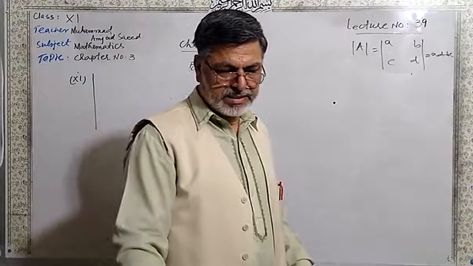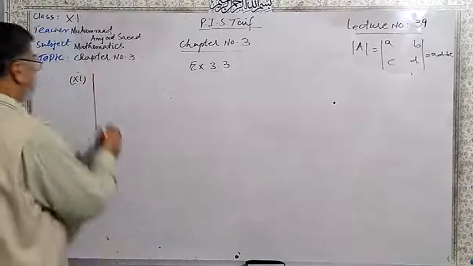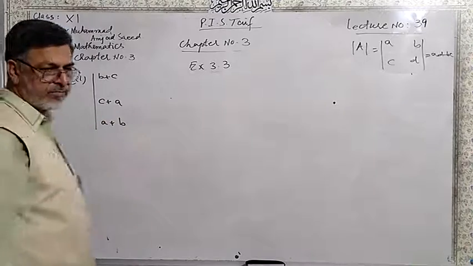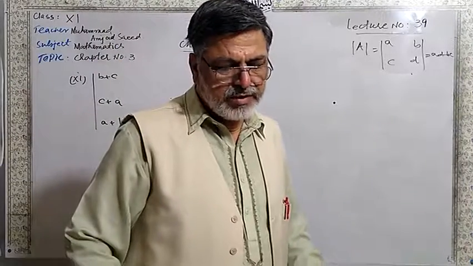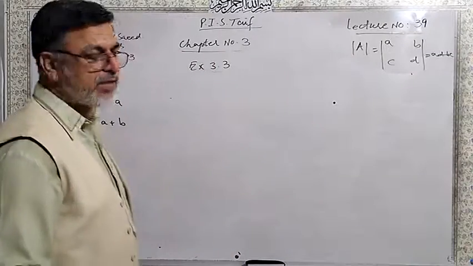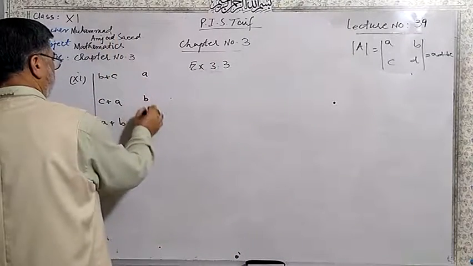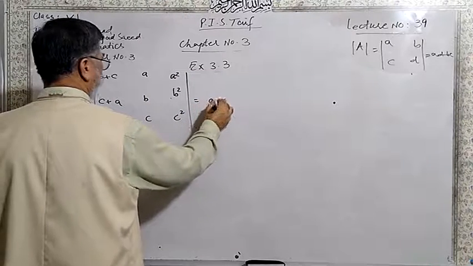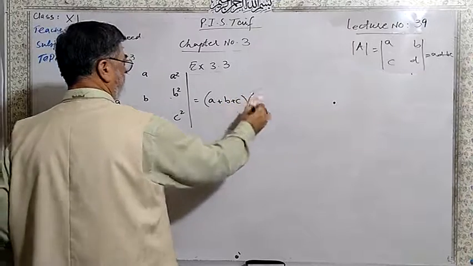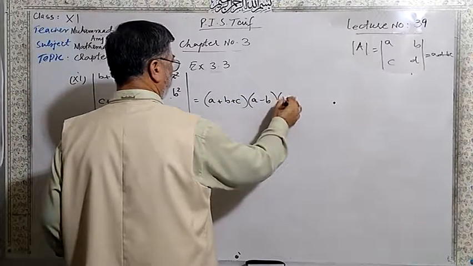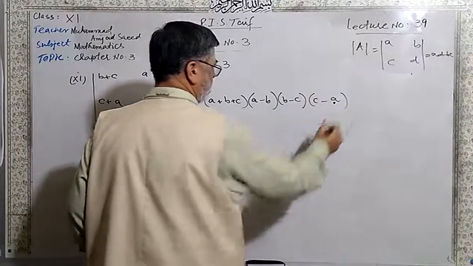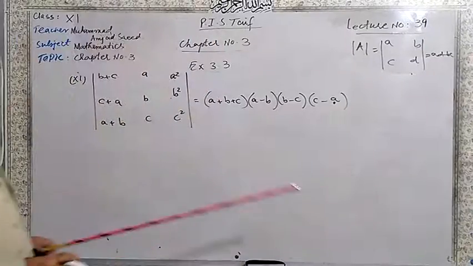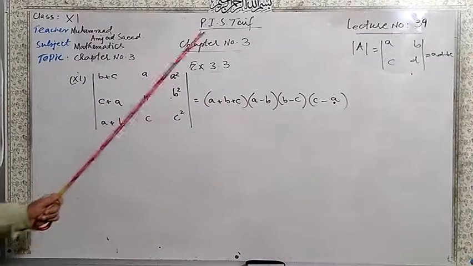In part number 11, the determinant with rows B plus C, C plus A, A plus B; then A, B, C; A square, B square, C square, is equal to A plus B plus C into A minus B into B minus C into C minus A. That is your right hand side. We have to prove that left hand side is equal to right hand side.